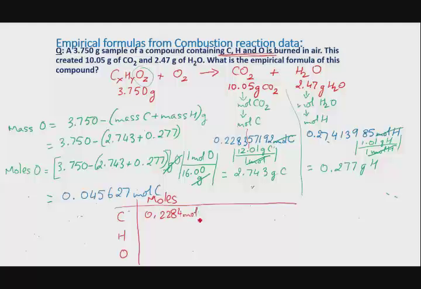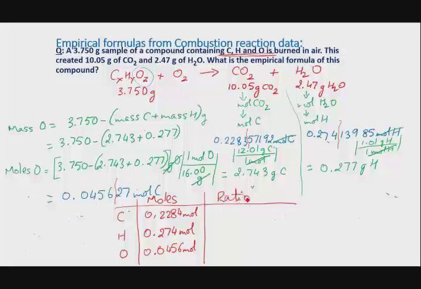For hydrogen, to 3 significant figures, will be 0.274 moles, and for oxygen in 3 significant figures will be 0.0456 moles of oxygen.